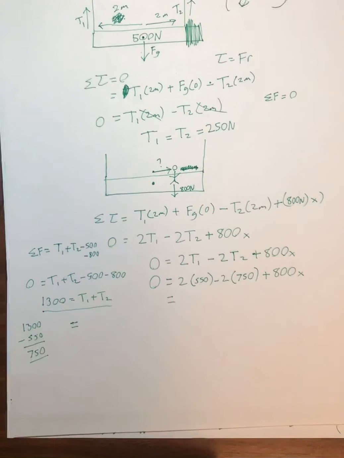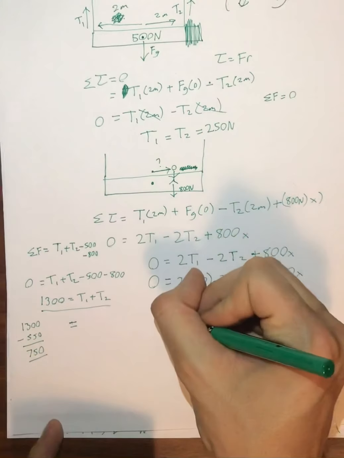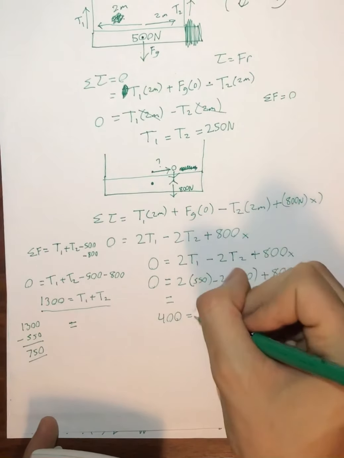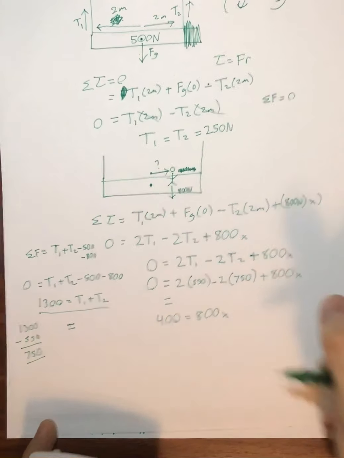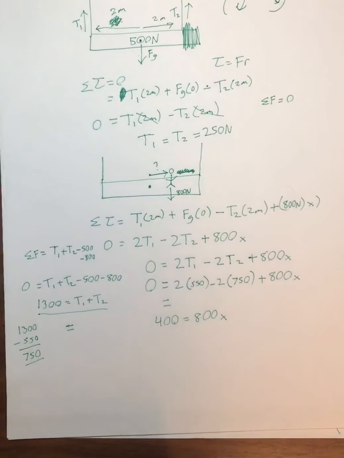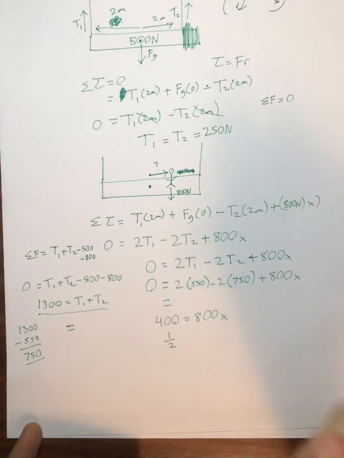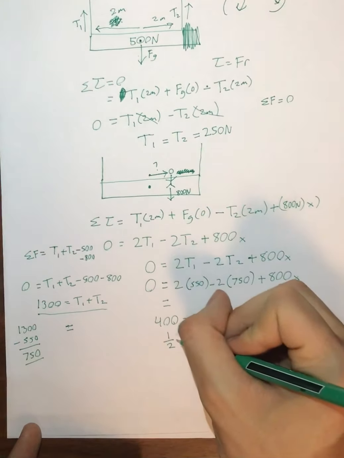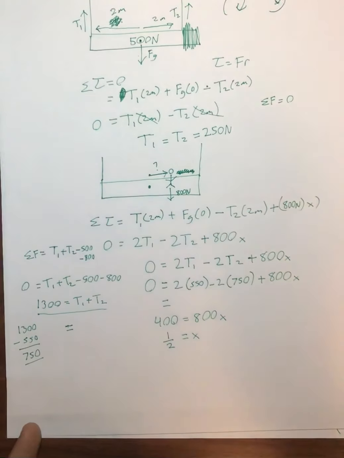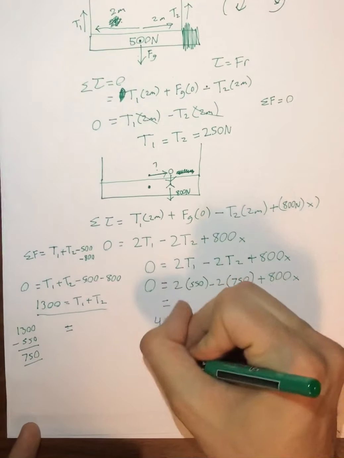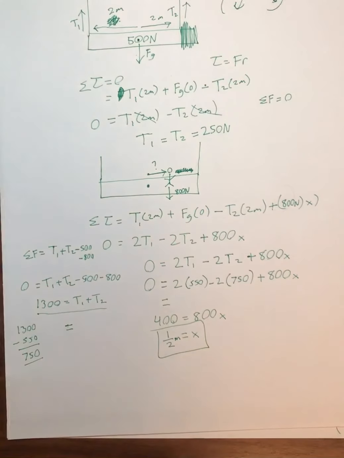So 2 times 550 minus 2 times 750, okay? And so what we get is 400 is equal to 800 times x. 400 divided by 800 gives me 1/2 equals x. So that means, according to our math, 1/2 of a meter is how far away the guy needs to stand from the center.